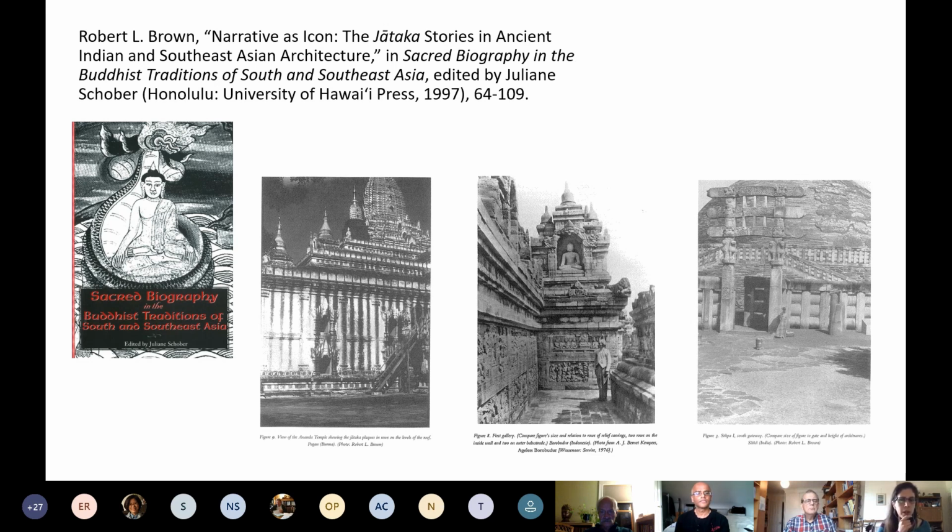And certainly Brown argued, and I've argued not dissimilarly, that their place in early stupa sites may well be more to do with sacred presence or the potency of the perfections or of Buddhahood itself than to do with any storytelling agenda. And of course, just as each textual collection may have a different purpose or purposes, so too with each site. So there is still a lot to learn.